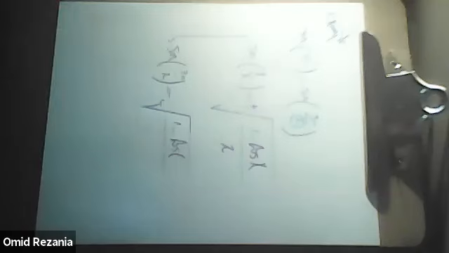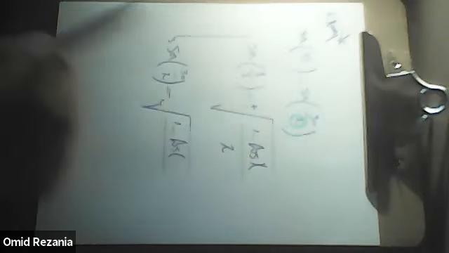Becomes the square root of what? What, Mingzhe? 1 minus cosine 30 degrees. That's right.